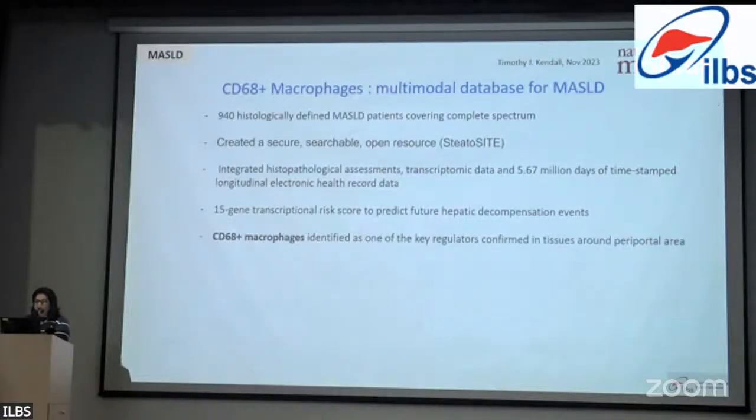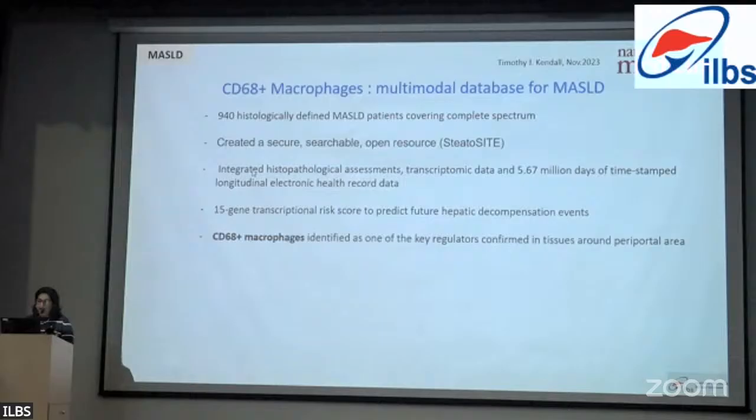The other very interesting study, published in Nature Medicine by Prakash Ramachandran and colleagues, identified 940 MASLD patients, where they checked the complete spectrum and created a secure, searchable, open resource, which is SteatoSite.